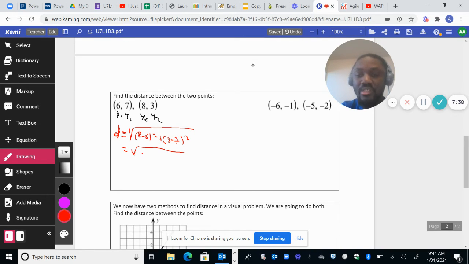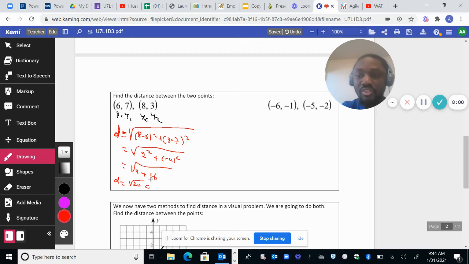So 8 minus 6 is 2, you take the square. 3 minus 7 is minus 4, you take the square. 2 squared is 4, and negative 4 squared, negative times negative is positive, 4 times 4 is 16. So D gives you the square root of 20.